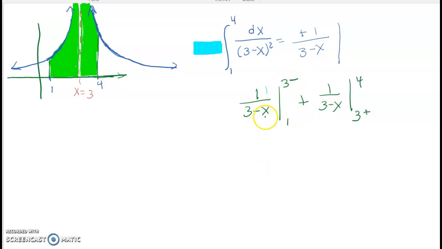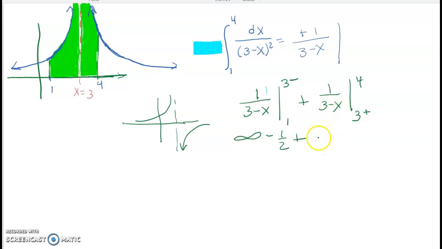So when we plug in 3, yeah, we've got a problem. And let's think about this. 1 over 3 minus x. Let's see, and the x is negative, so it's going to be this. So as I go, the limit of this, as I go to 3 from the left side, that's going to be infinity minus, now I just plug in 1, minus 1/2, plus, now I'm going to 3 from the right side, so now I'm on this branch of the hyperbola.